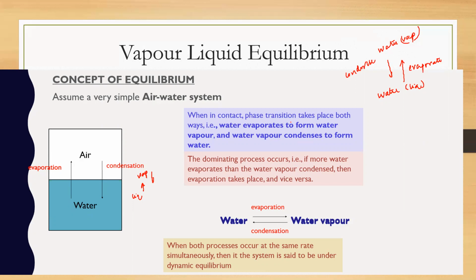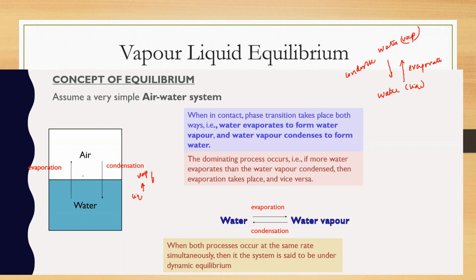When both these processes occur at the same rate simultaneously, then this particular system is said to be under dynamic equilibrium. So the transition from vapor to liquid and liquid to vapor has to be equal. Only then we can say that equilibrium has been achieved.